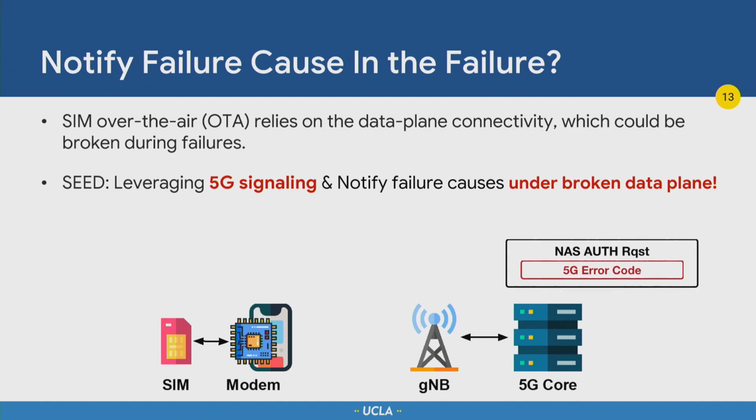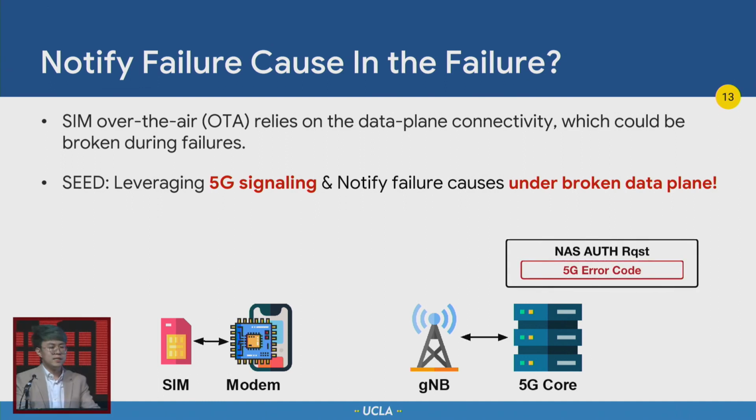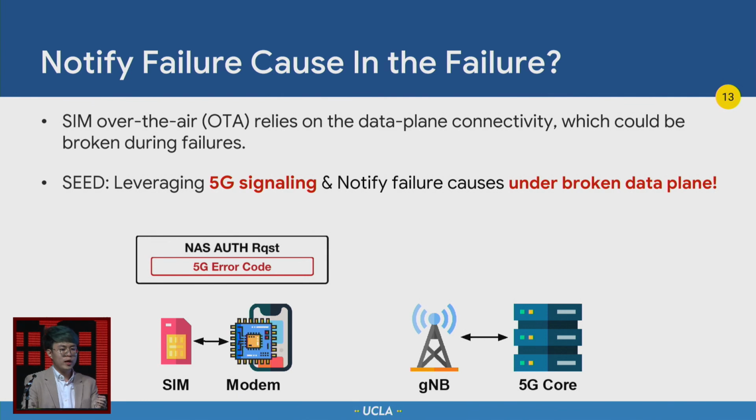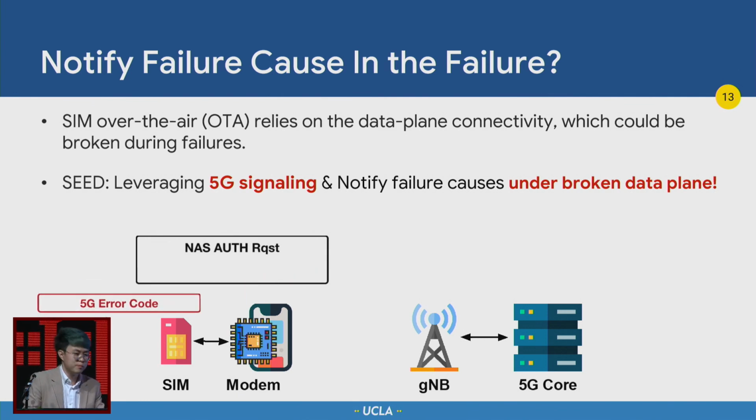What we do is replace these random bytes with the 5G error codes with a reserved prefix, so that without changing the formats of the 5G signaling, it's transparent to the gNB, the base station side, and also the modem side. The modem could directly forward these error codes to our SIM card, and the SIM card gets the latest configurations, error codes, and so on.